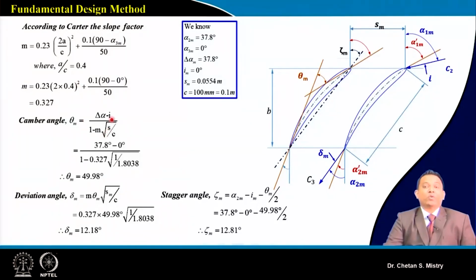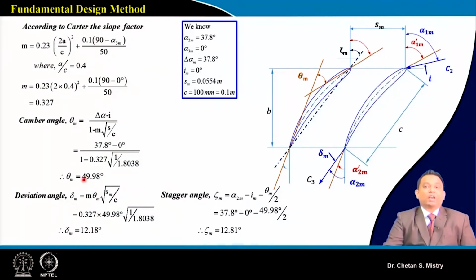In the case of my rotor, we take delta beta, and this is my incidence angle. Let me tell you, at the mid station for the stator, we are assuming our incidence angle to be 0. Okay, so this is 30, and if you put this, it will give me my deviation angle.